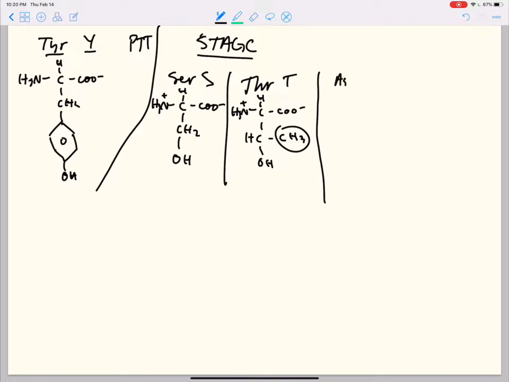which is ASN and N, and we have our backbone, and we have our hydrogen here, and then we have something a little bit different. That is asparagine.